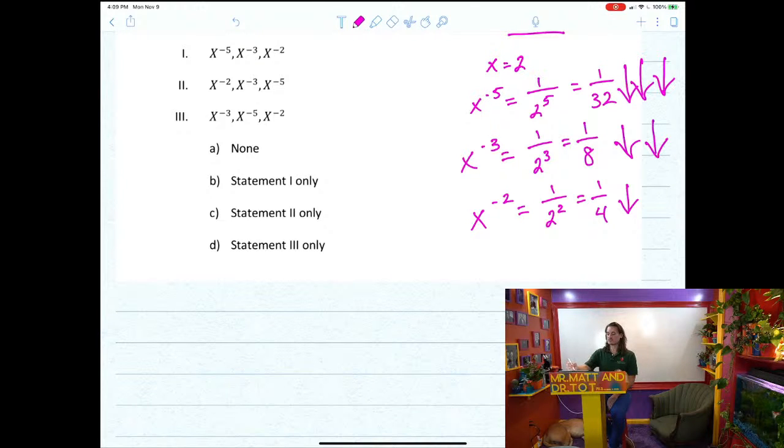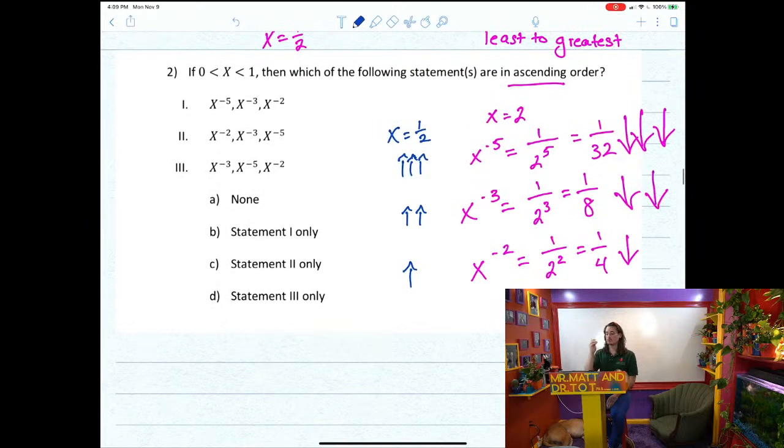So if x were equal to a number in between 0 and 1, the opposite is going to be true. X to the negative fifth is going to be the most increasing. X to the negative third is going to go next. And then x to the negative 2 will have the least overall increased result. So we're going least to greatest.